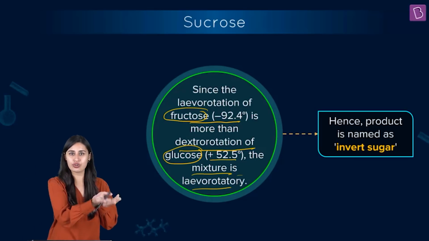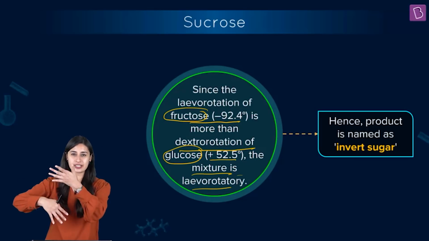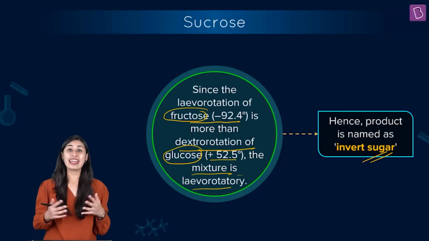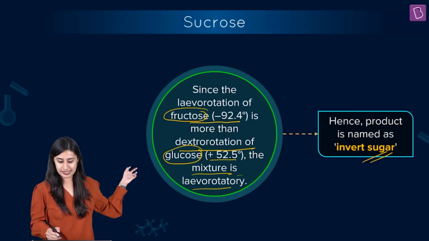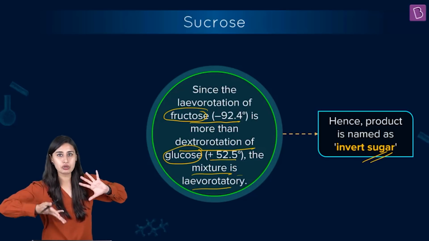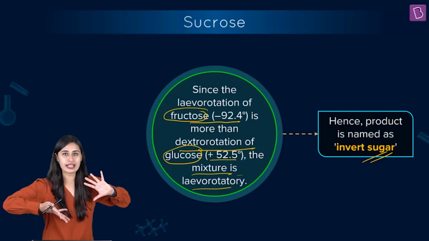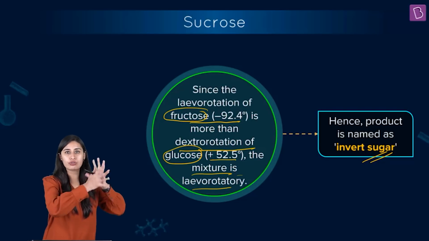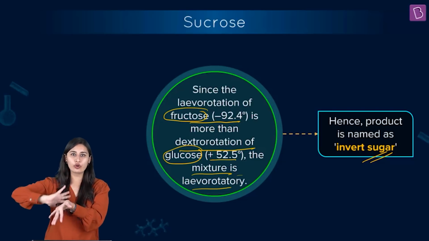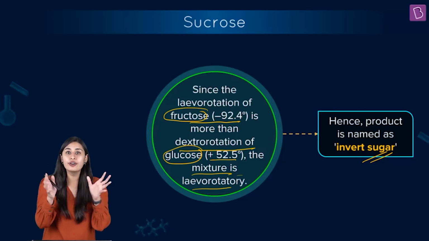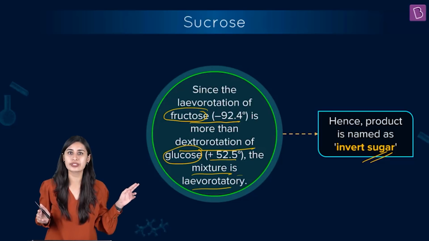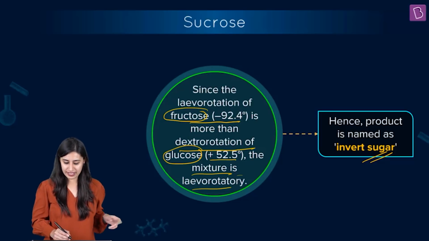Initially it was dextro, after hydrolysis it is levo, and hence the name invert sugar is coming out here. Inversion of the degree of rotation has happened. From a dextrorotatory, something has become levorotatory. So hence invert sugar is what we use for sucrose as well. So you get a hang of it.